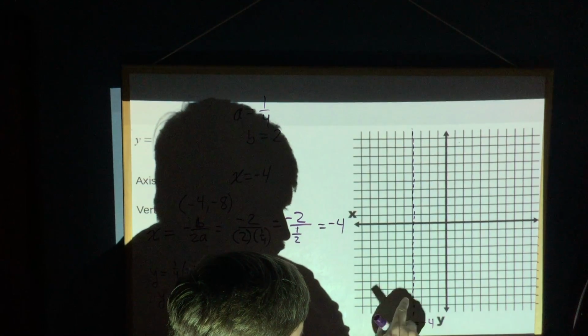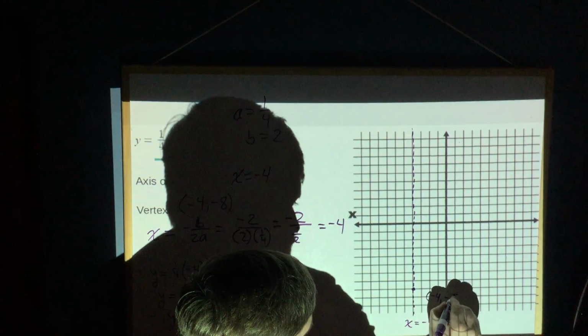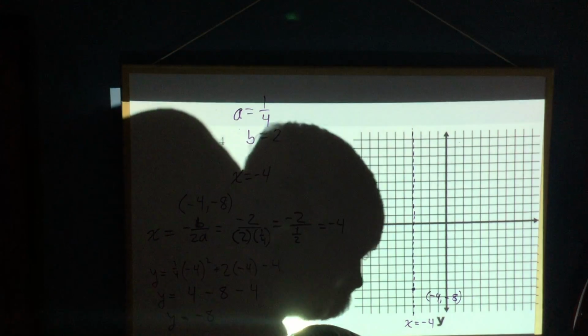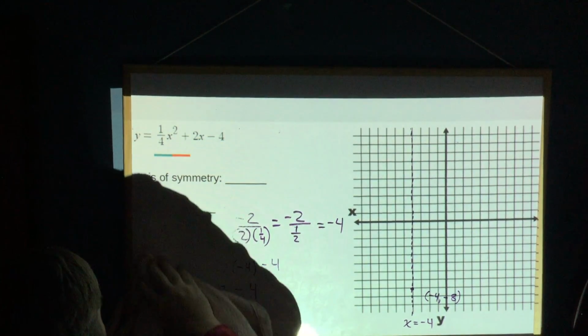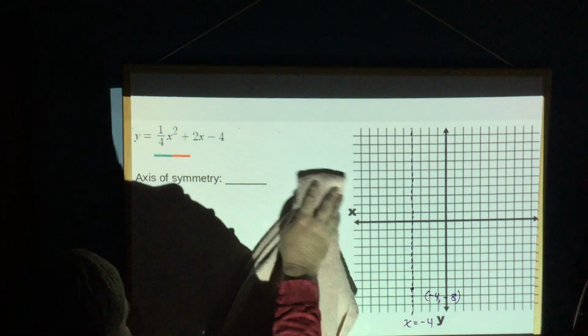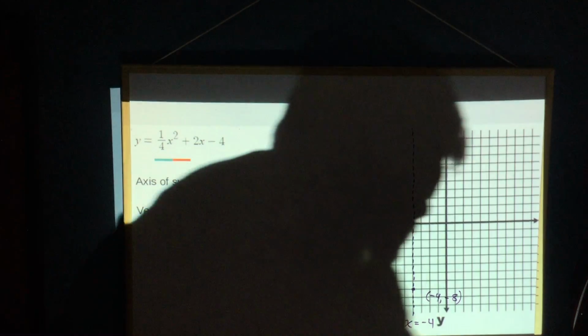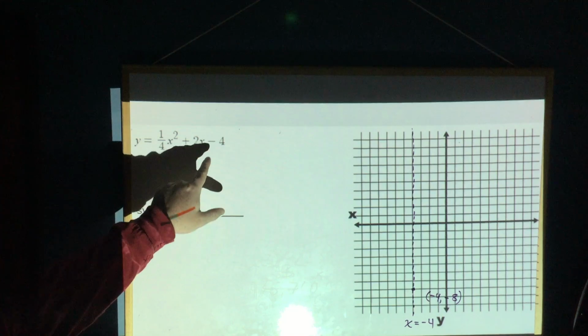So there's -10, -9, -8. -4, -8. There's my vertex. So all that should be reviewed from section 9.2. So hopefully we're good there. The y-intercept is going to be the c value.